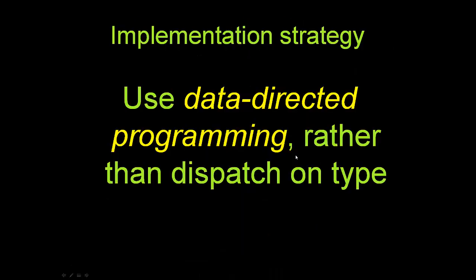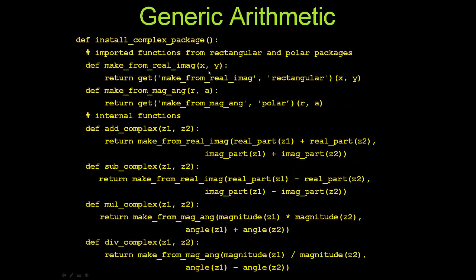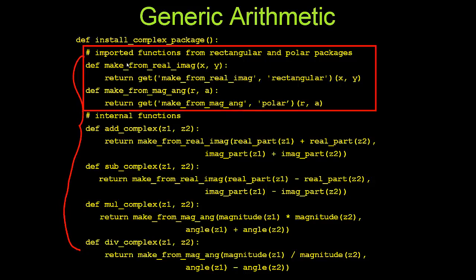So basically what we do now is that we'll do this using data-directed programming instead of dispatch on type. So this is how the code looks. Essentially you have all these functions which you have seen before, right? And the difference is here. For these constructors, we basically get the constructors from the table as well, and we apply them to x and y, or r and a.